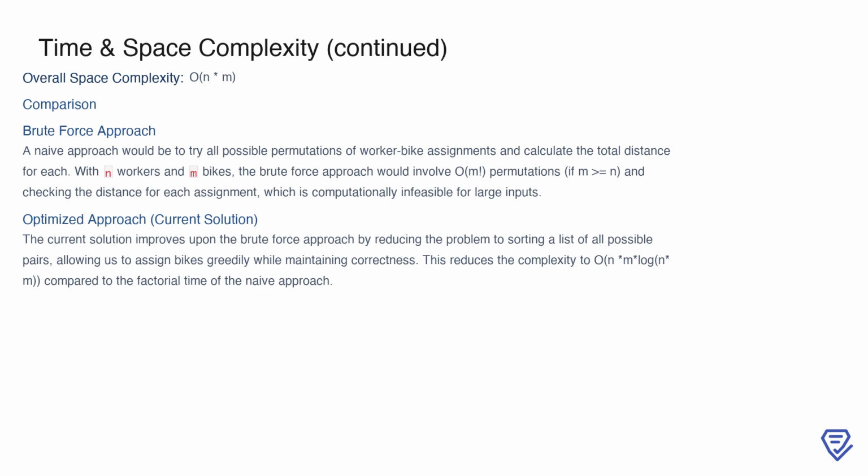Let's compare this approach to a brute force method. A naive approach would involve trying all possible permutations of worker bike assignments and calculating the total distance for each. For n workers and m bikes, this would involve m permutations if m is greater than or equal to n, and we'd need to compute the distance for each assignment. This quickly becomes computationally infeasible as the input size grows.